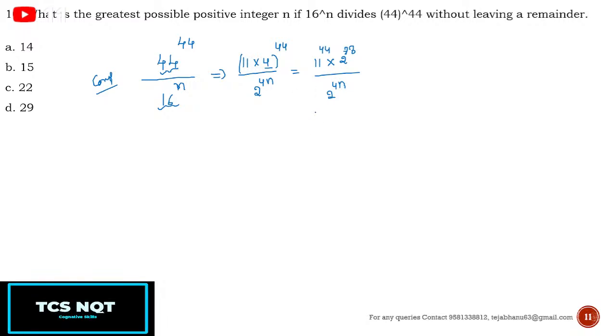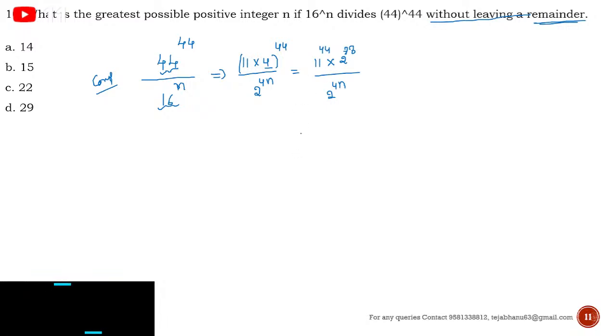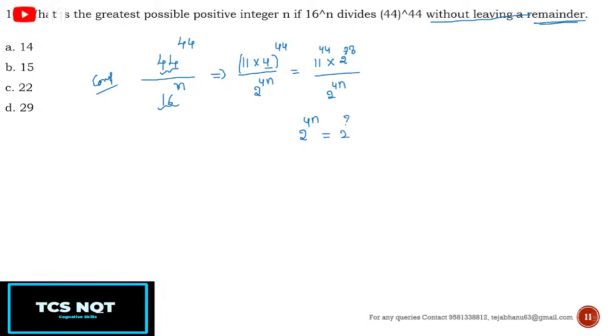As they told us, if you divide it, no remainder is possible. That is, see, have a look. 2 power 4n is equal to 2 power 88.